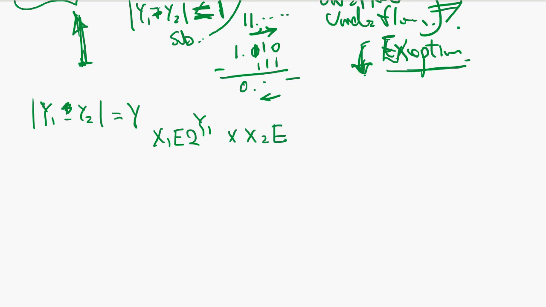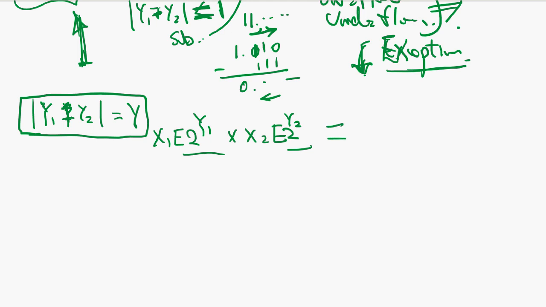So exclusive OR of the sign bits is going to give you the sign. The exponent portion has to be not subtracted, but added for multiplication, right? x1 times x2 times e to the y1 plus y2.